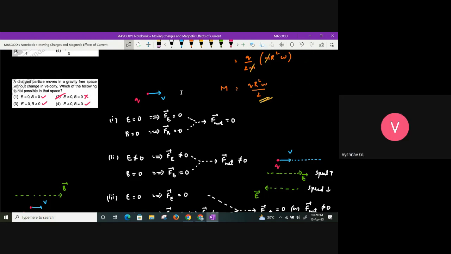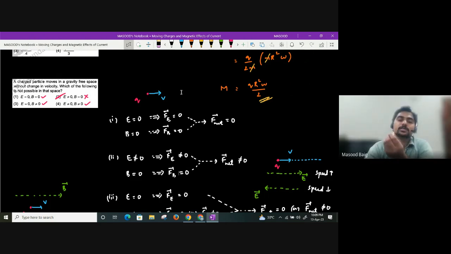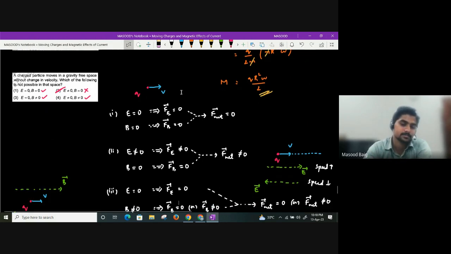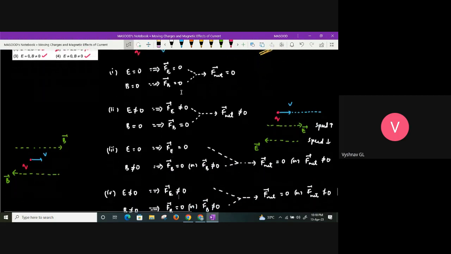Now, if they gave in which case straight line is not possible, none of the options will be correct because in every case straight line is possible, guys. Straight line with change in speed is possible. So in all the cases, there is a possibility that it can move in straight line only. Clear? Understood, all of you?